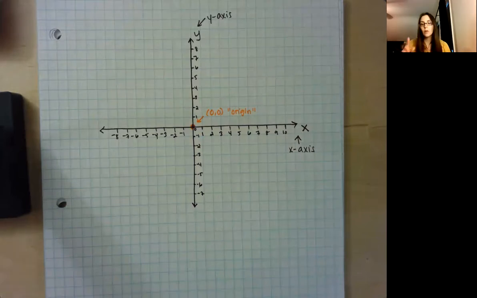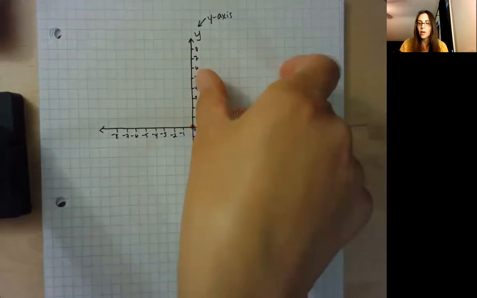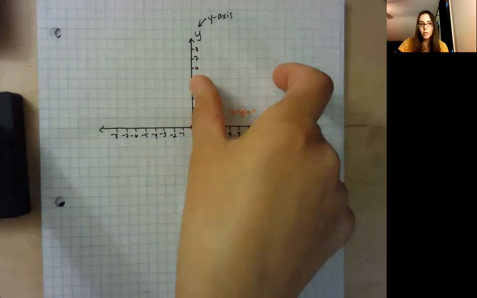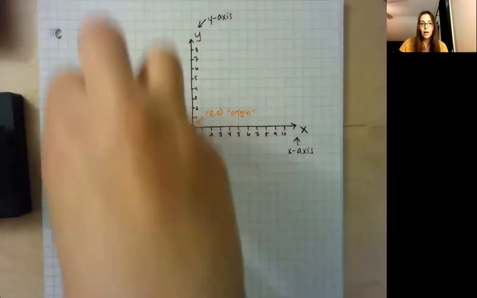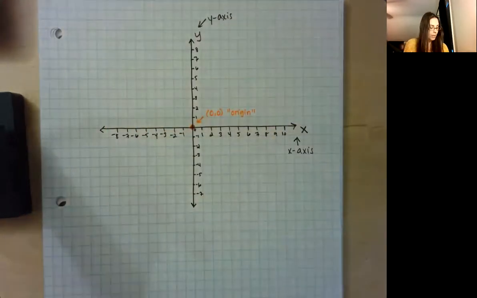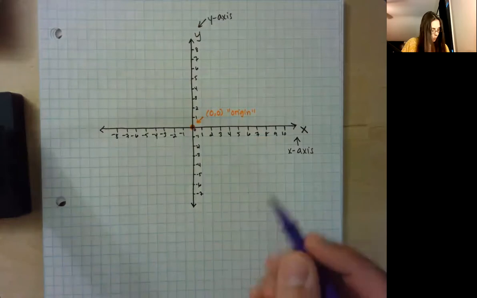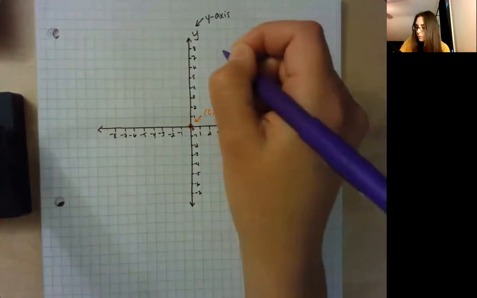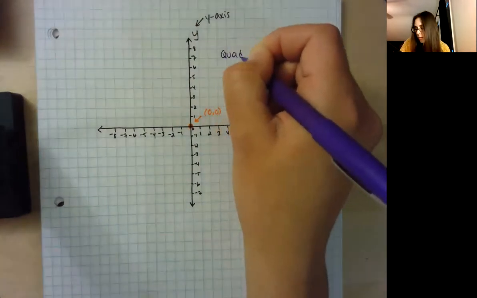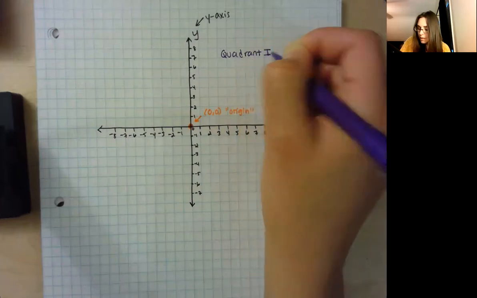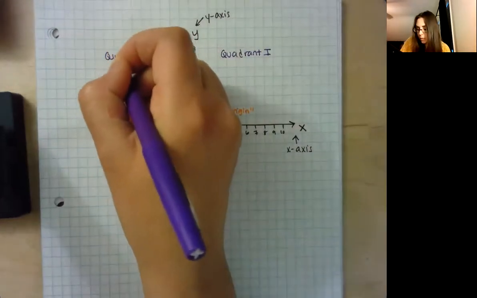If you notice, the plane is broken up into 4 pieces, right? So you have one square here, here, here, and here. These are called quadrants. This would be quadrant 1. This is quadrant 2.